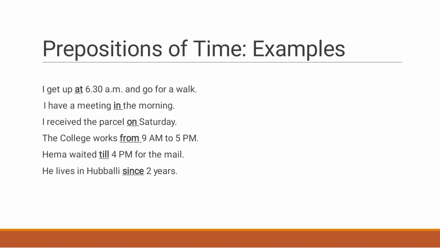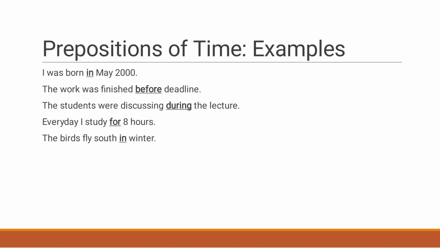Now, since is used to suggest the action that began in the past but is still continuing. I was born in May 2000. May is the month and it is a larger period of time, so the preposition in is used.